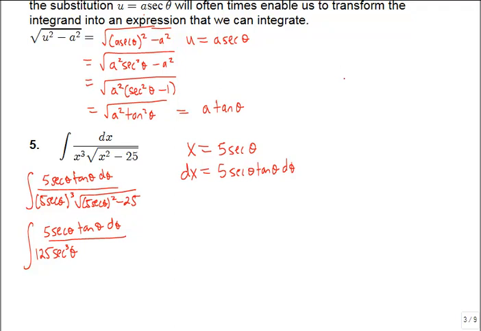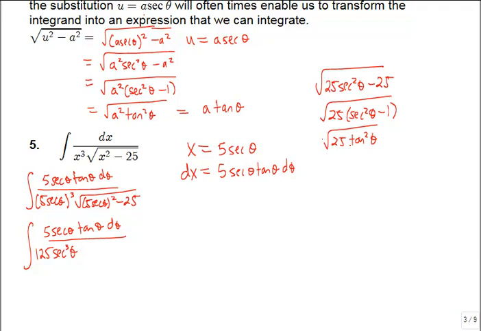And remember, just a little scratch work here, this square root, when I square that 5, this becomes 25 secant squared theta minus 25. So when I pull out the 25, I'm going to get a secant squared theta minus 1, which turns into a tangent squared. And so the square root of that becomes 5 tangent theta. Now let's start canceling out whatever we can.